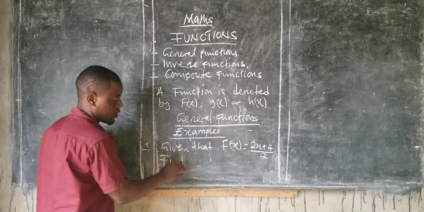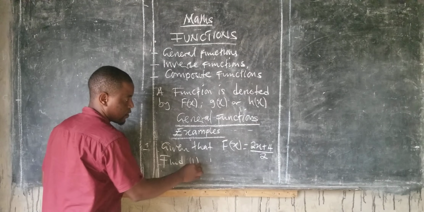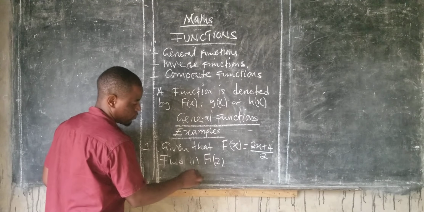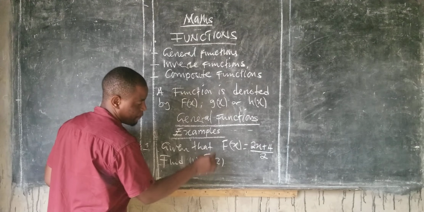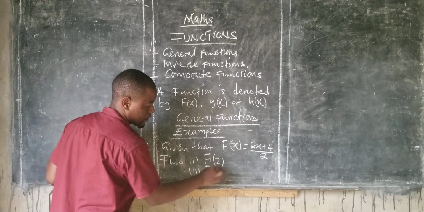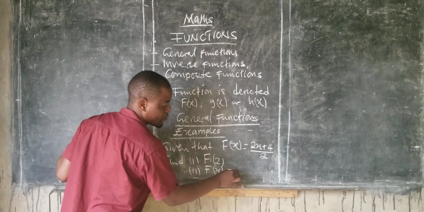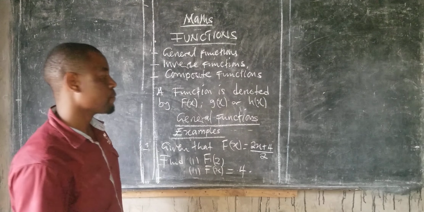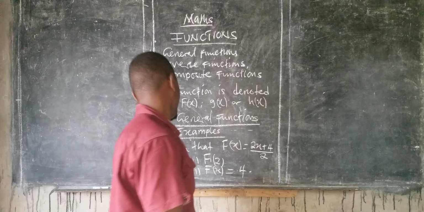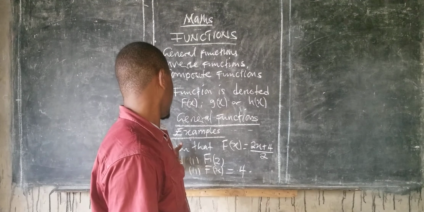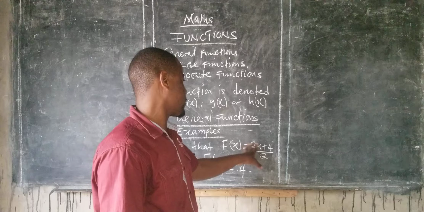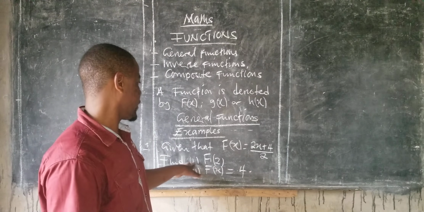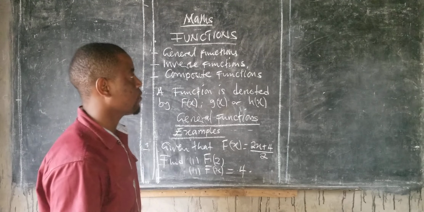Find f(2). And the second one: f of x is equal to 4. Let's start with the first one. Given that f of x is equal to (2x plus 4) over 2, they are saying find f(2).